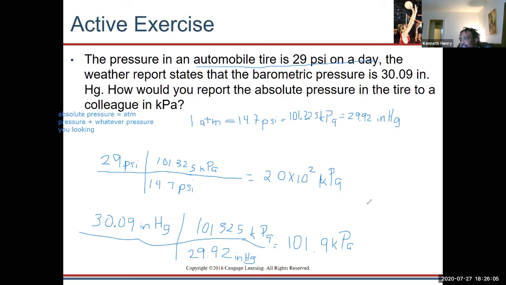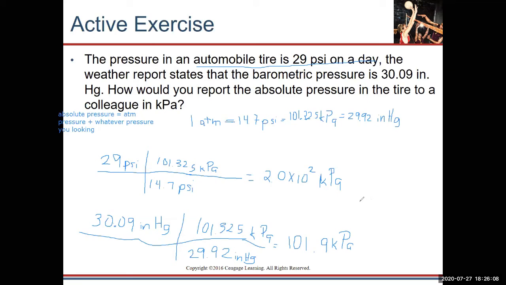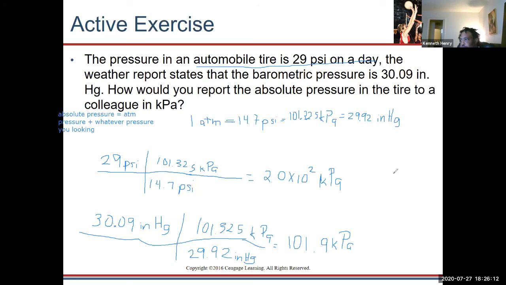Add both of them together. Okay, add them together. I have 2 sig figs in this case, and then we have 101.3 and 9, both of these in kPa.